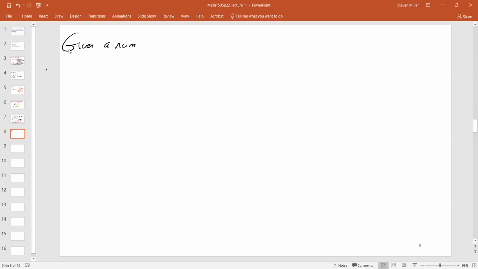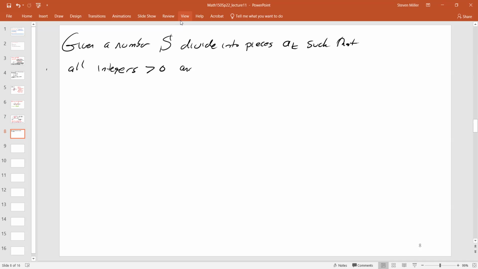Given a number S, divide it into pieces A_k, all integers greater than 0, such that the product is as large as possible.